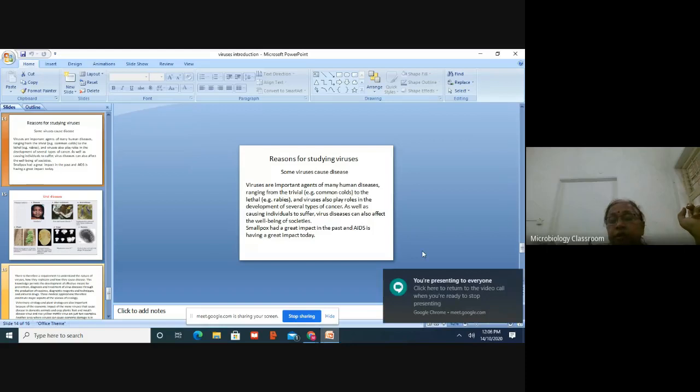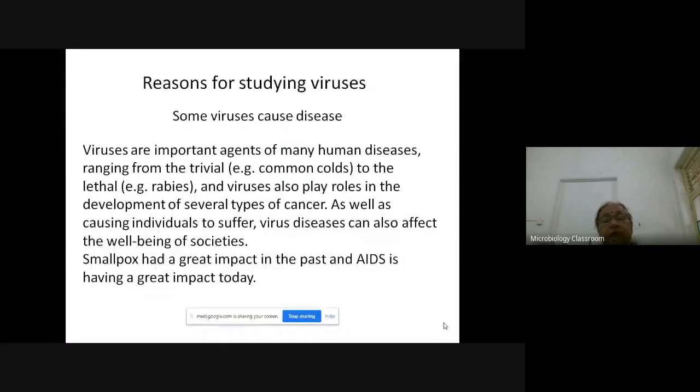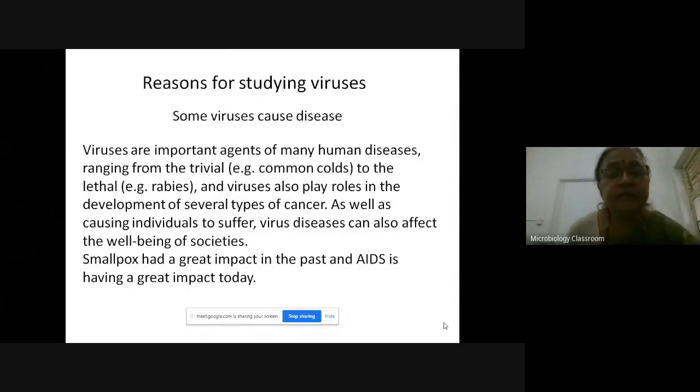So can you see it, please? Yes. So here we are seeing the point, that is, the reasons for studying the viruses. Naturally, this is a question that most of you must be having: viruses are smaller than bacteria.